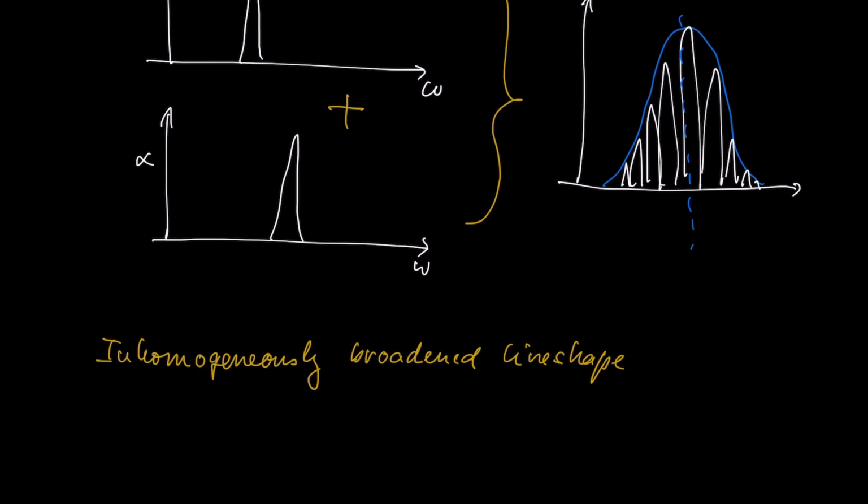I mean, each line shape is somewhat broader than the exact resonance. Exact resonance would be basically a delta function, an exact absorption only at the exact transition frequency, but we actually see something which is inhomogeneously broadened and something that is homogeneously broadened.